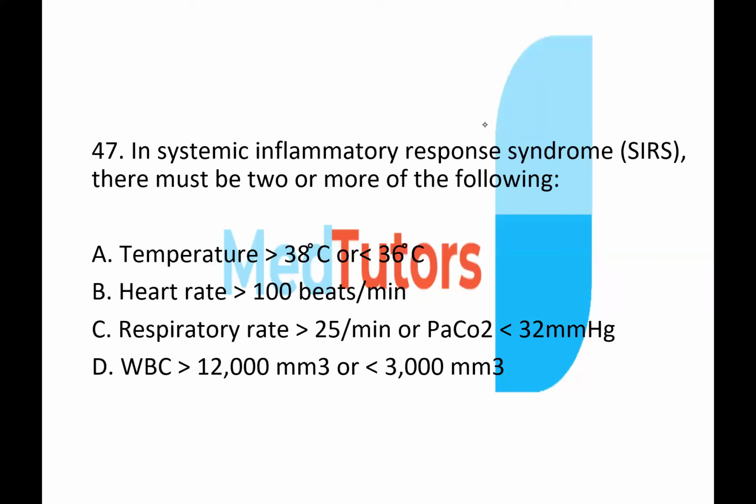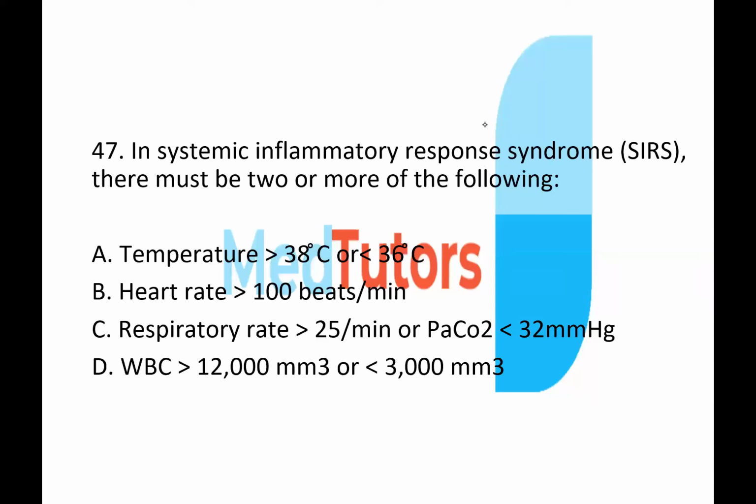But A is correct. B is 90, C is 20, not 25, so it's not correct too, because the respiratory rate should be more than 20.